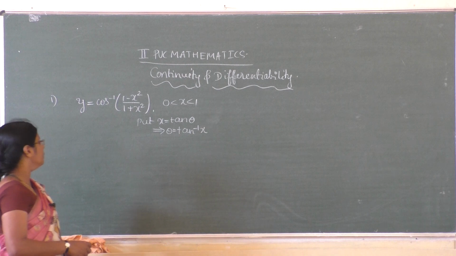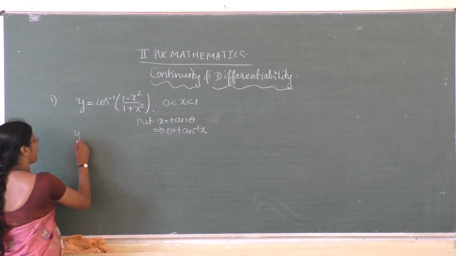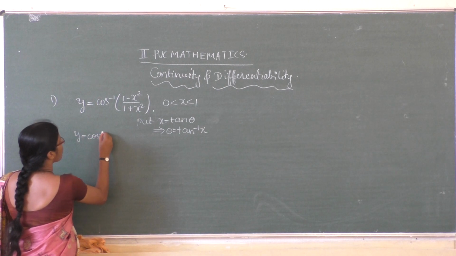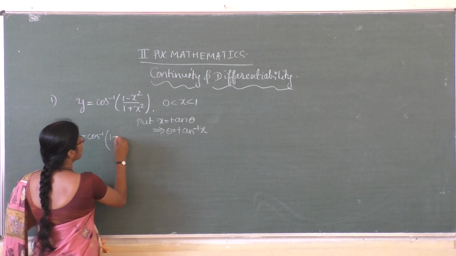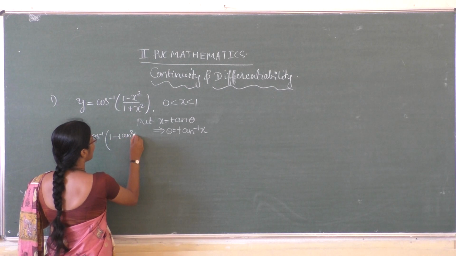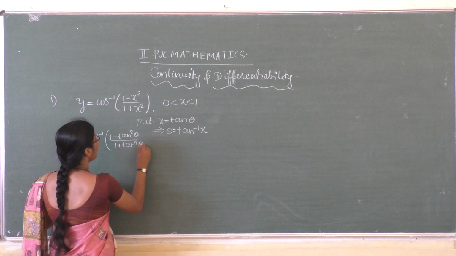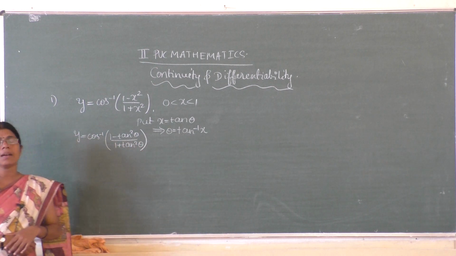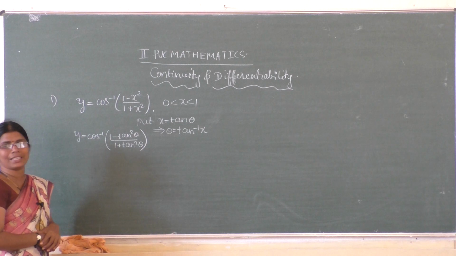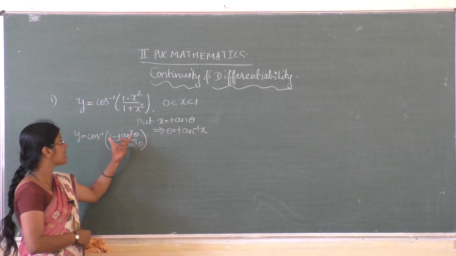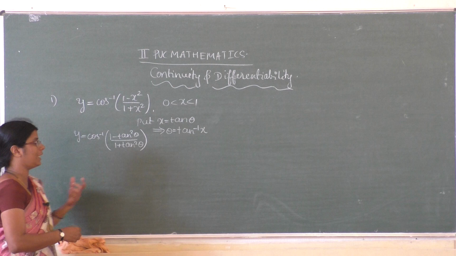So this function becomes y equal to cos inverse of (1 minus tan square theta) divided by (1 plus tan square theta), and we know that this is nothing but cos 2 theta.